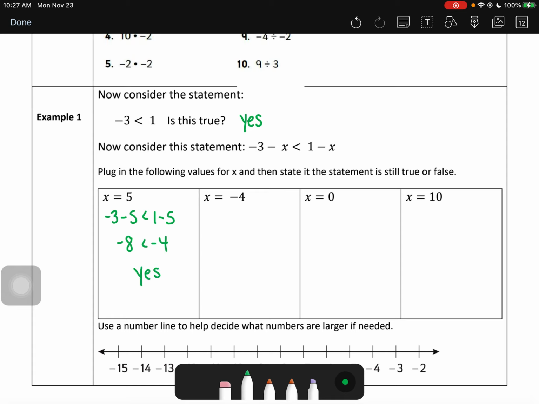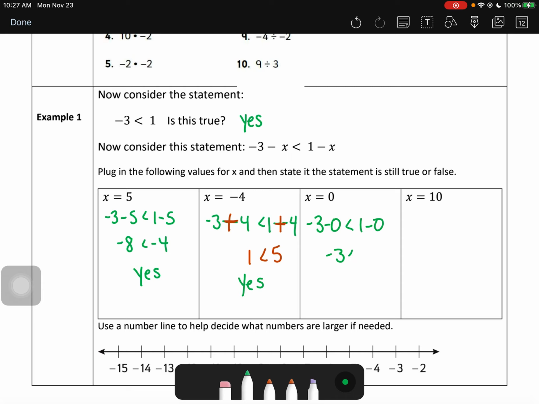Yes. Negative 3 minus negative 4, is that still less than 1 minus negative 4? Remember that when you have minus and negative, it changes it to a plus. And so we have 5 on the right side and positive 1 on the left side, and yes, this is still true. If you have x being 0, so I have negative 3 minus 0, is that less than 1 minus 0?